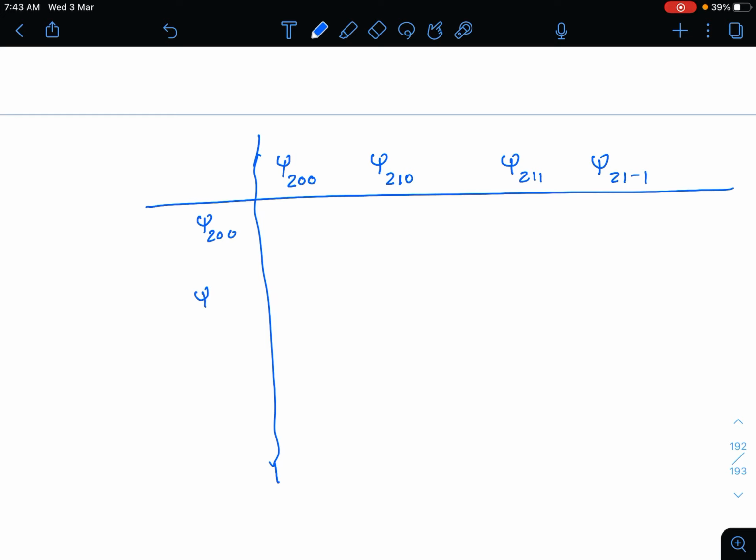So psi 210, psi 211, psi 2 1 minus 1. Clear?